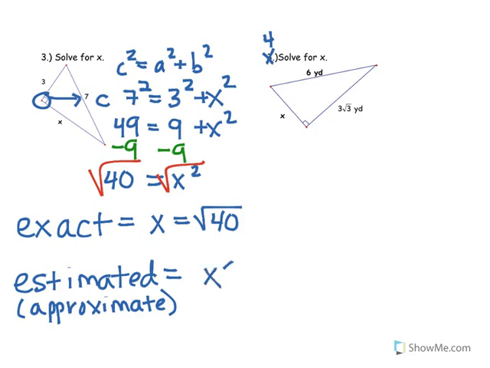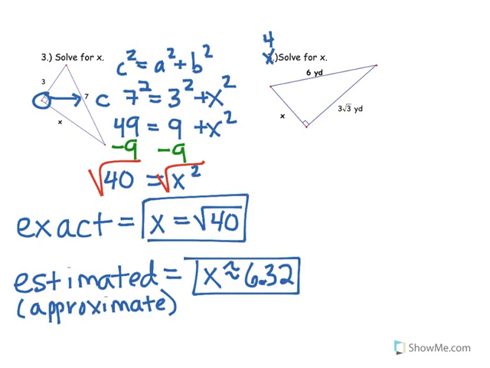So I'm going to say x is approximately, and I'm going to actually plug it into my calculator, and I get 6.32. Let's always round to 2 decimal places unless the problem says otherwise, okay? So I have the exact includes the radical, and the estimated is a decimal, and those are my 2 different answers, okay?